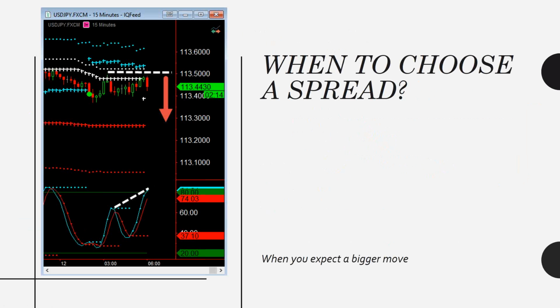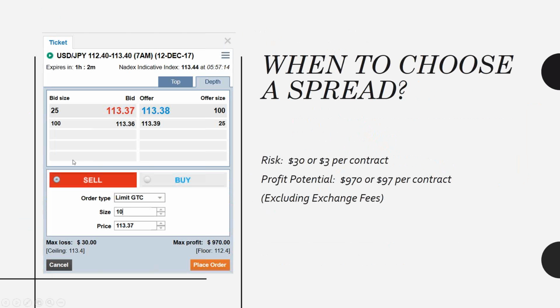You expect the market to come down. Okay, is there a spread available? Okay, in this case, there was a spread available that expires at 7 a.m. Now you can also see there is 1 hour and 2 minutes left until expiration, okay?